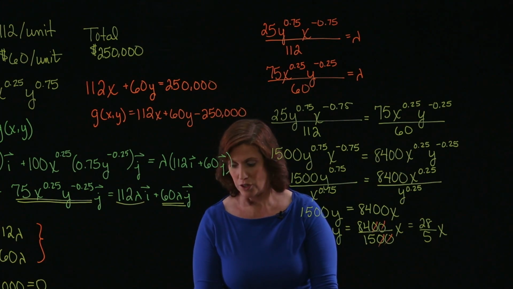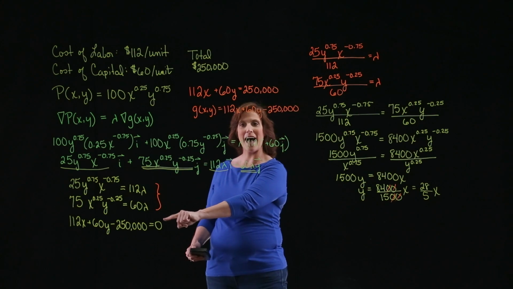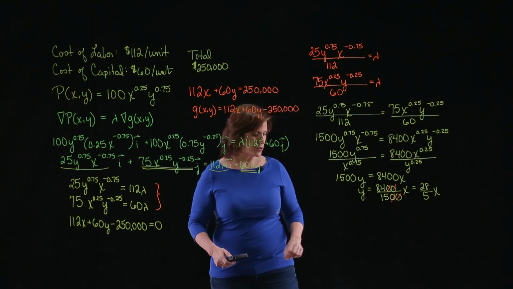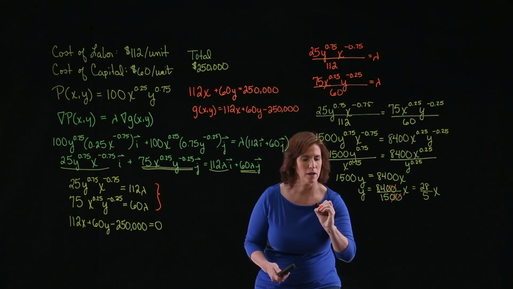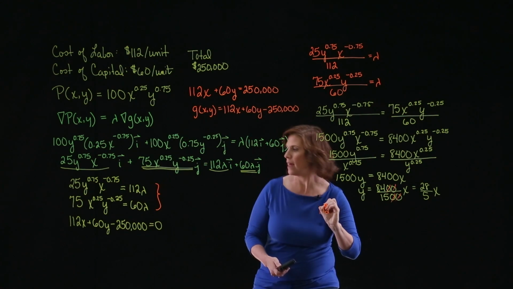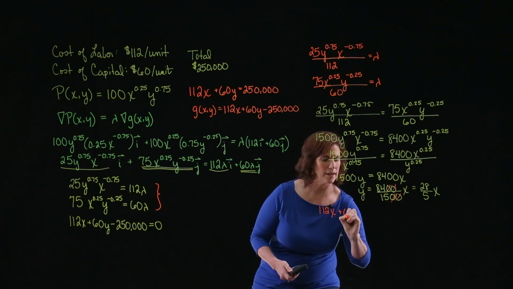The next thing I'm going to do is take this expression and plug it into that third equation. So what we have then is 112 times x plus 60 times y.